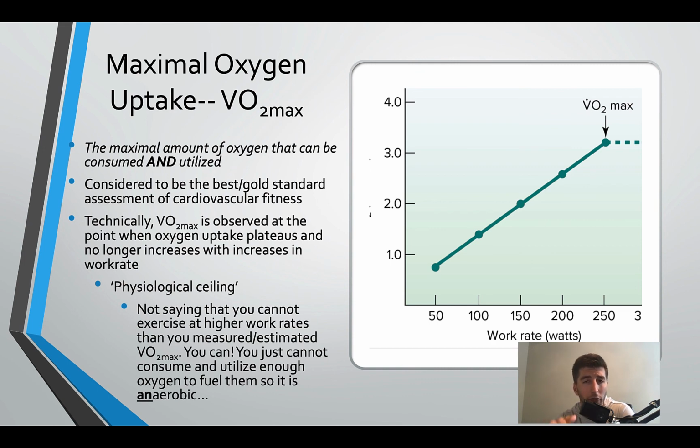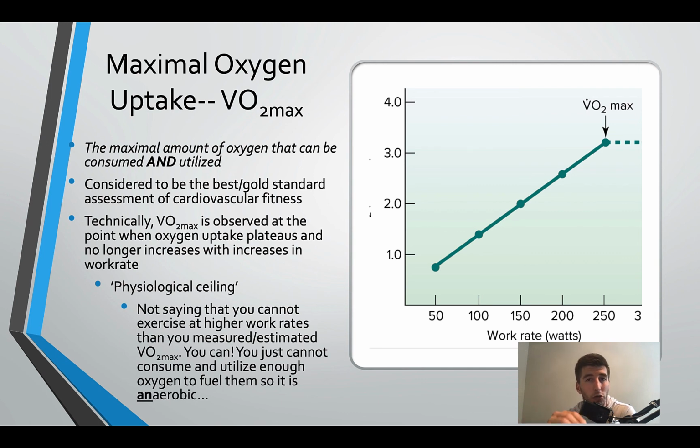And what that plateau means is that as we increase work rate, their oxygen consumption does not change. So their body is working at such a level that we cannot increase our energy production, because the body can't do it.